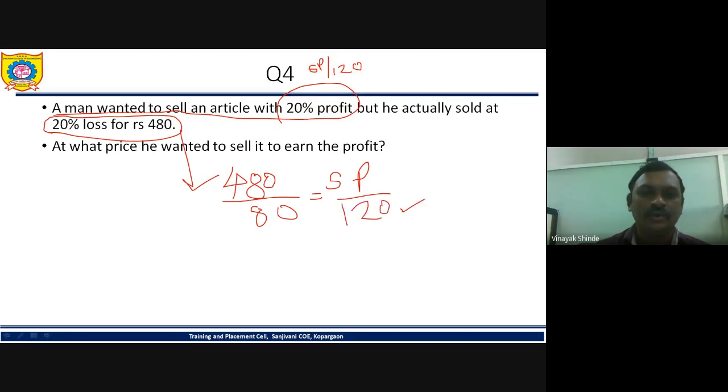Question is over. 20% profit केस में selling price होगी 120. Selling price by 120. 20% loss में वो कितना होगा? 80. 100 minus 20, 80. So 480 divided by 80 is equal to selling price divided by 120.